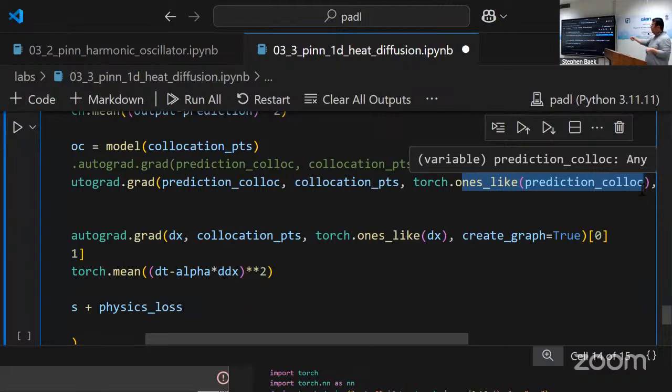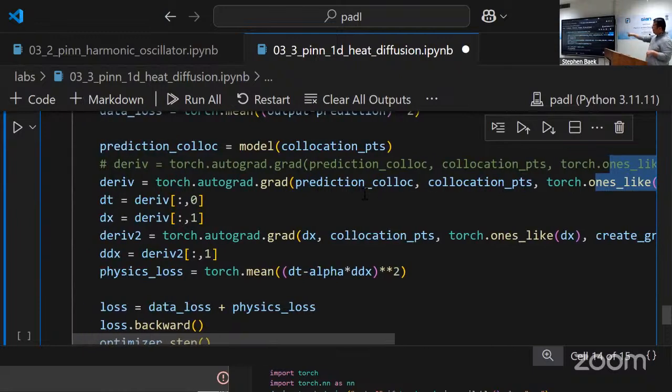With PyTorch autograd, we basically calculate the vector-Jacobian product as opposed to the original Jacobian itself, and I showed you this as a trick to extract the diagonal components of the Jacobian.